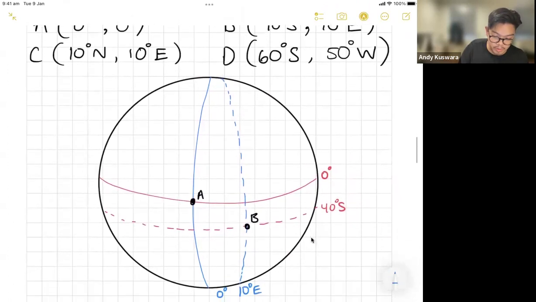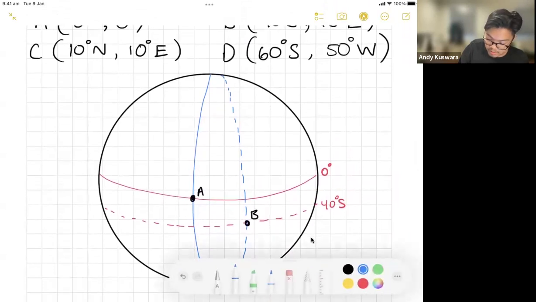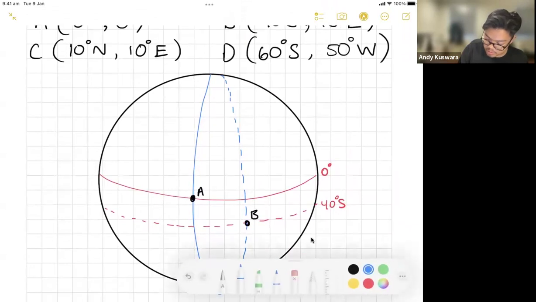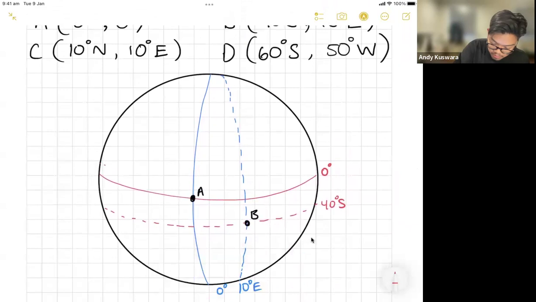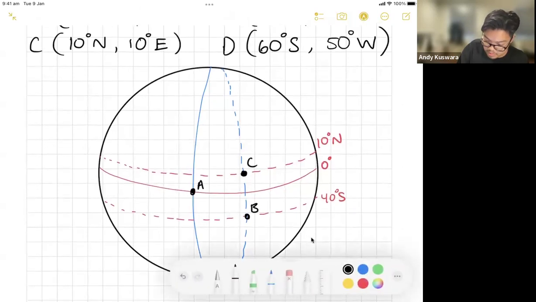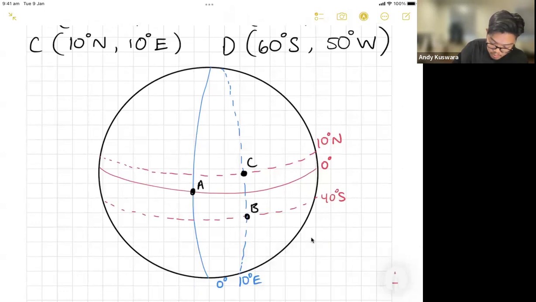Now, keep going. We've got C and D as well. If I'm talking about 10 degrees east and 10 degrees north, 10 degrees north would be slightly above, and that intersection point still on the 10 degrees east would be C. And then I picked a random one, 60 degrees south, which would be even lower than the 40, and then 50 degrees west would be this way here.